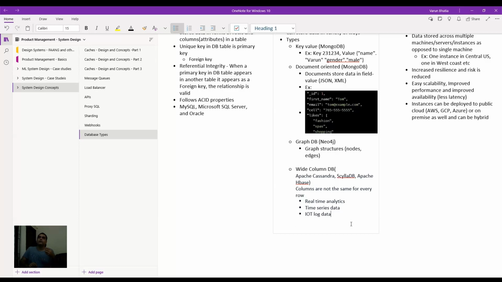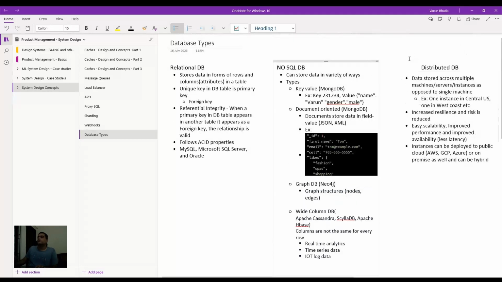Let's say you log the data at 11 a.m., then at 12 p.m., then at 1 p.m. In some cases you might not get the values across those 8 or 10 columns we just described. When you don't get the value, it doesn't mean you're not going to store the row. You're still going to store it. So that's what it means by saying that columns are not the same for every row.